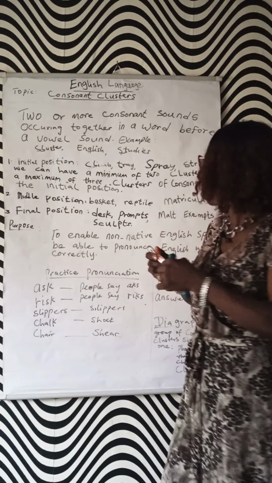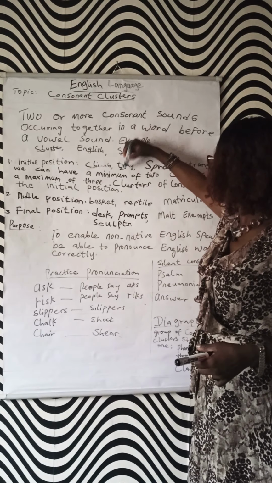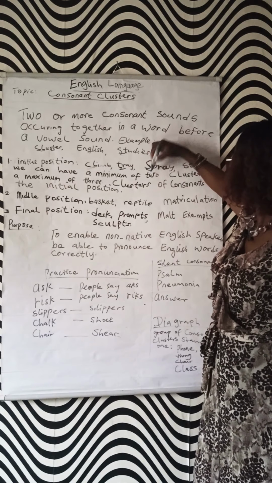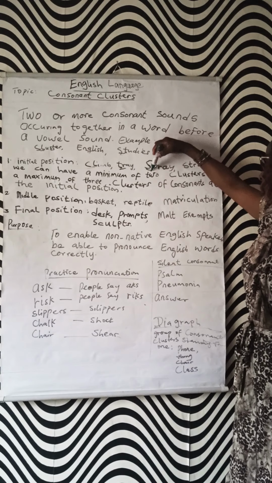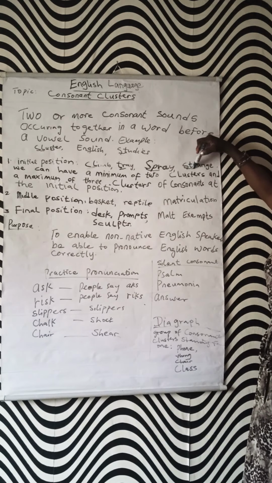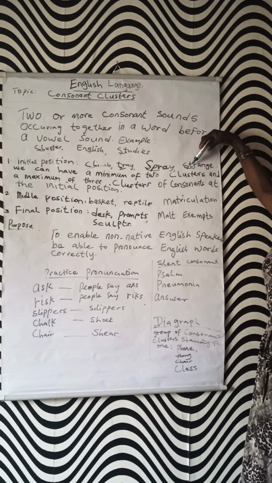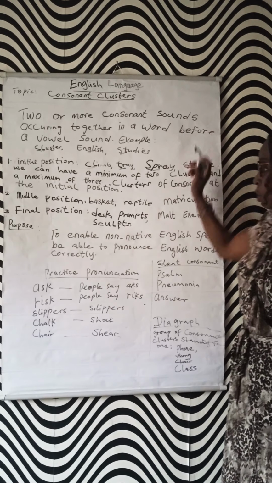You also have the clustering at the initial position in the word tray, and in the word spray. In the word strange, you have consonant clusters at the initial position of these words.